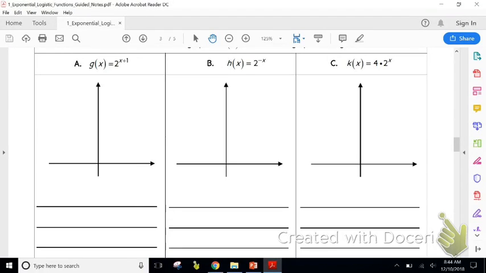Look at example 4. It says to describe how to transform the graph of f of x equals 2 to the x into the graph of the given functions. So we're starting out with f of x equals 2 to the x. What is that plus 1 going to do to our graph?